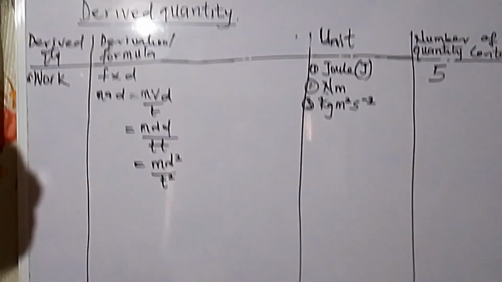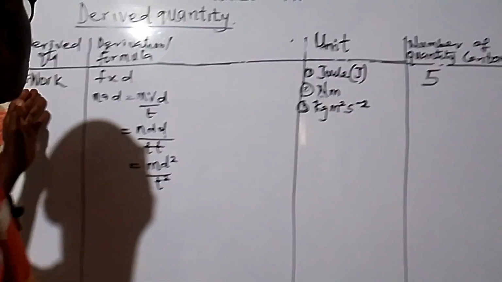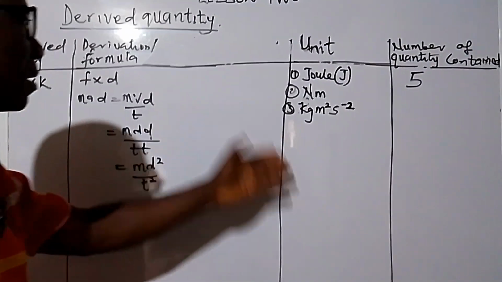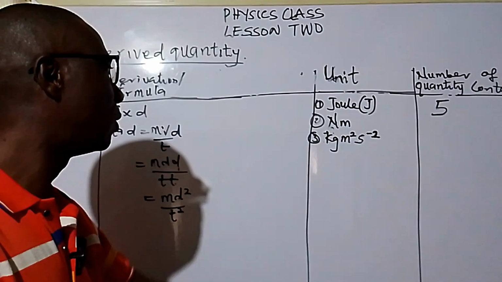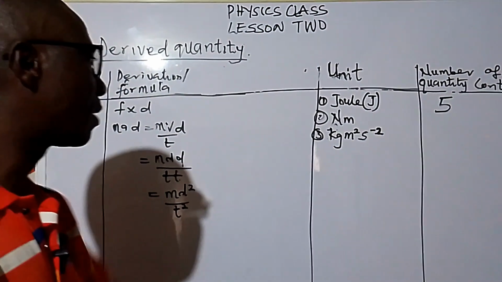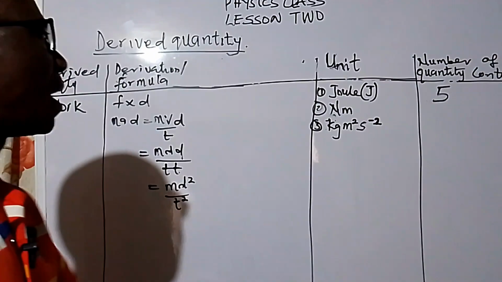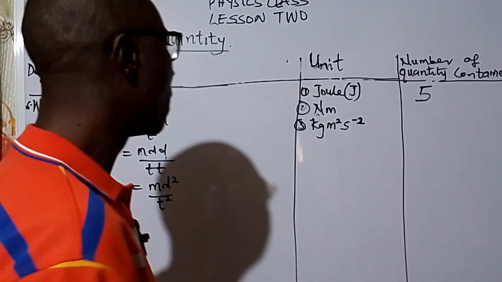Now, from this series of units of work that we have seen, you can now say work can take 3 units, which are joule, Newton meter, and kilogram meter square per second square. All these are necessary purposely because of objective questions.